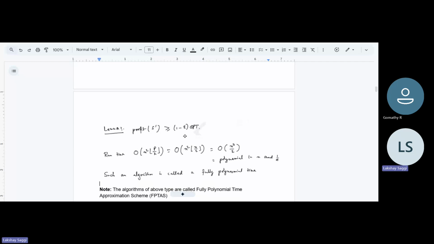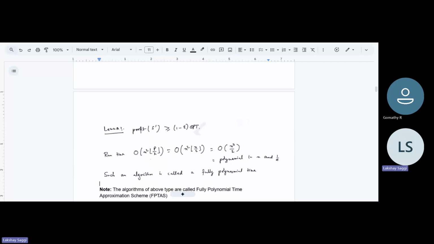And what will be the runtime for this algorithm? The runtime was n squared times p, but now p is replaced by the number of buckets, p over k, with the greatest integer function. And p over k is nothing but n over epsilon. So the runtime is just n cube multiplied by 1 over epsilon.